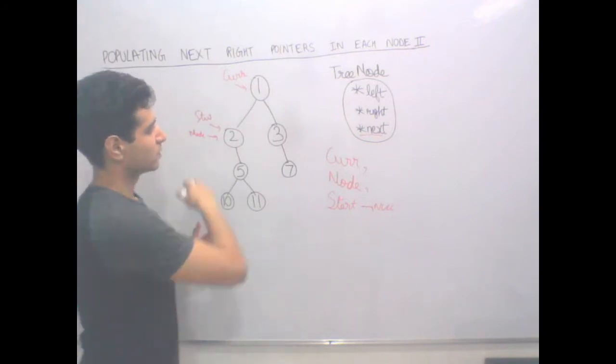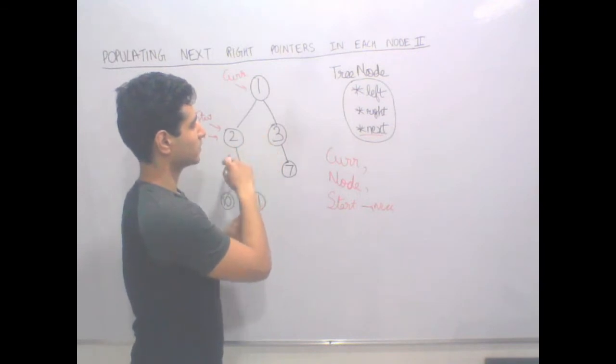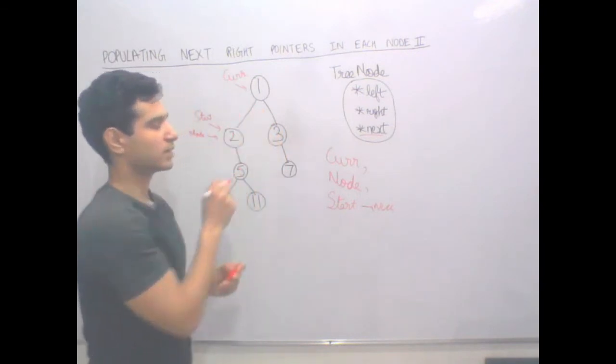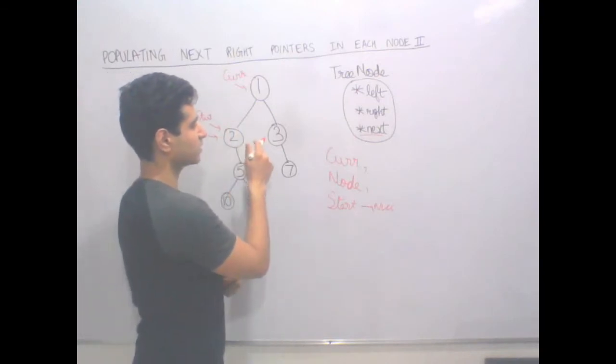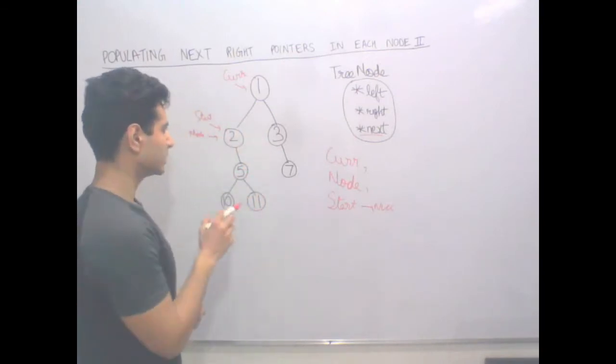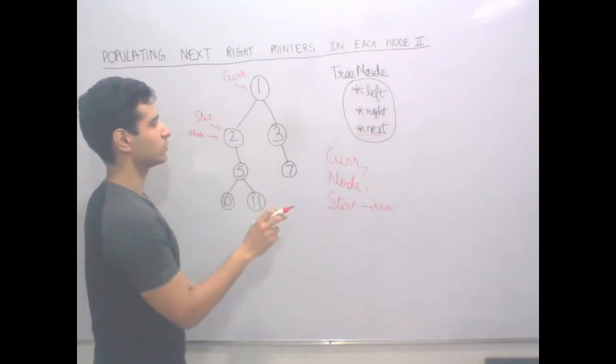Then we'll move on to the next node in this level. It's this node's right child, which is 3. Now we will see if it exists. It does exist. We will again check if start is null. It is not null, so we will ignore that.